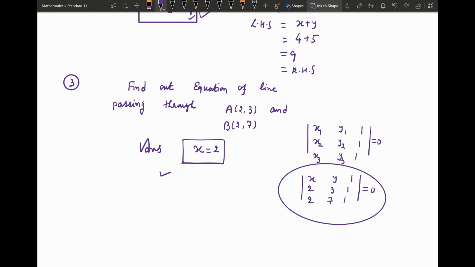Only we have discussed basic things: what is a 2 by 2 determinant, what is a 3 by 3 determinant, how to expand a 2 by 2 determinant, how to expand a 3 by 3 determinant, and using the expansion of the 3 by 3 determinant, how to evaluate the Cartesian equation of a line passing through two distinct points (x1, y1) and (x2, y2). So next time we will discuss more basic results for this chapter.